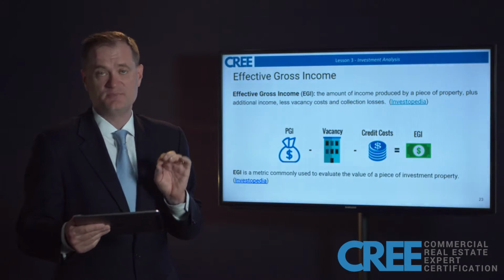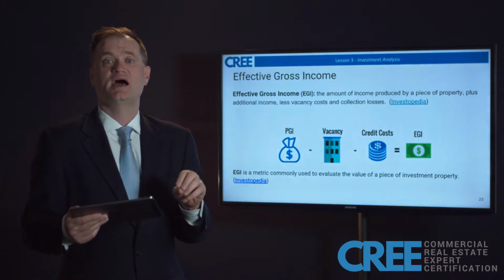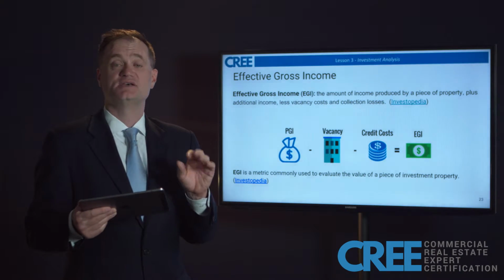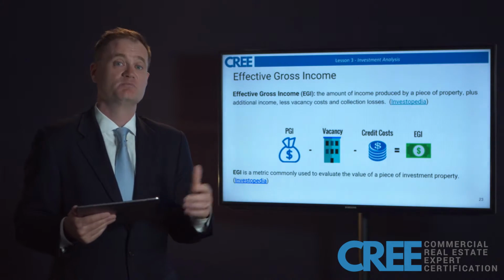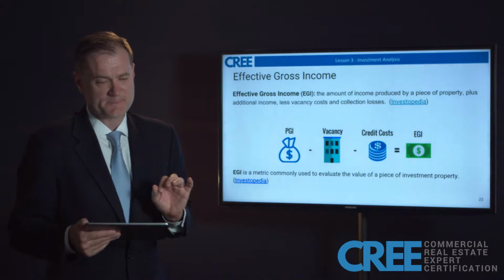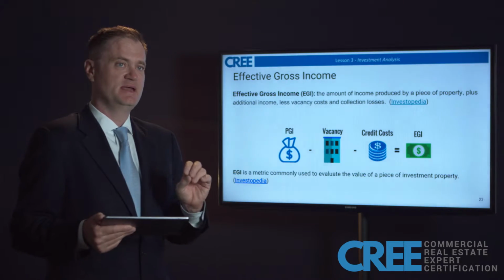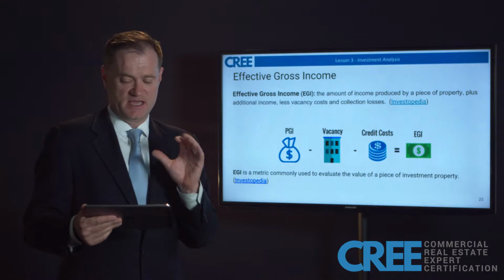Want to make sure that we're looking at this. This is a great way of being able to analyze the property, look at the income to the property, how much it's generating as compared to other properties. So I want to take a minute here to define a couple of different versions of income.